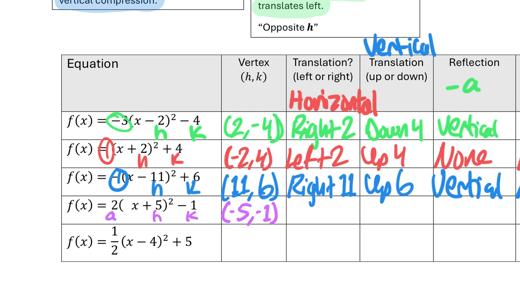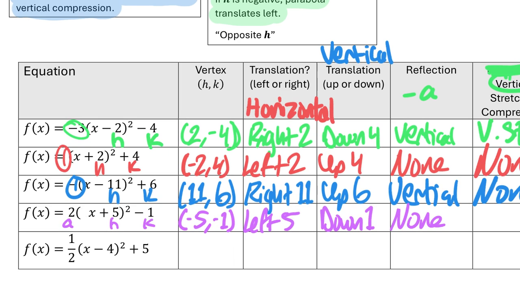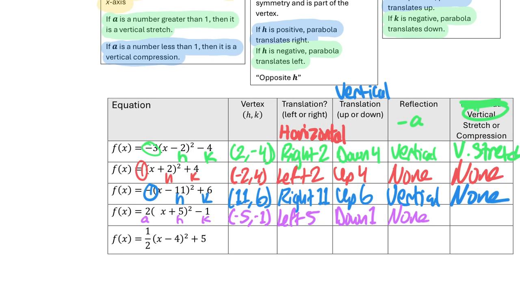All right, so that's going to tell me to shift left 5. It's going to tell me to shift down 1. And I have no reflection, none, because A is positive 2. But since A is 2, that's a vertical stretch.